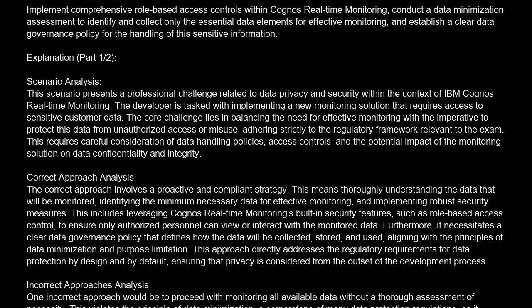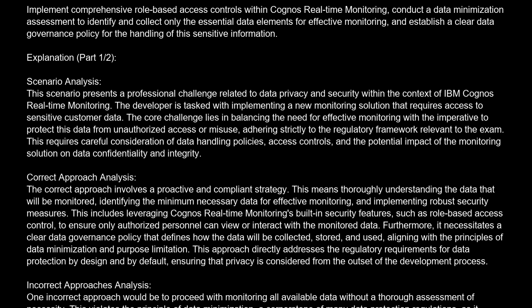Furthermore, it necessitates a clear data governance policy that defines how the data will be collected, stored, and used, aligning with the principles of data minimization and purpose limitation. This approach directly addresses the regulatory requirements for data protection by design and by default, ensuring that privacy is considered from the outset of the development process.